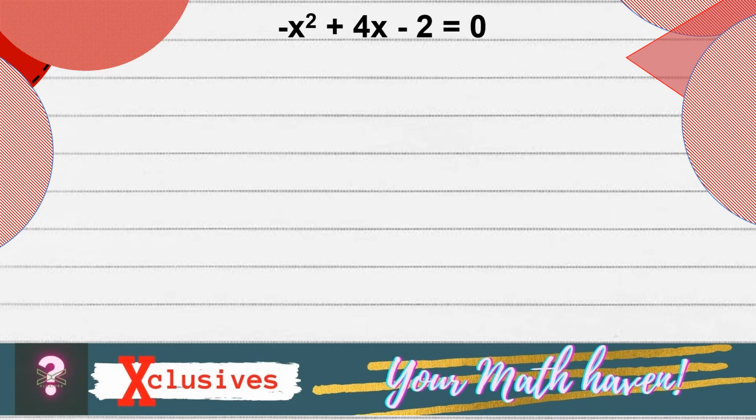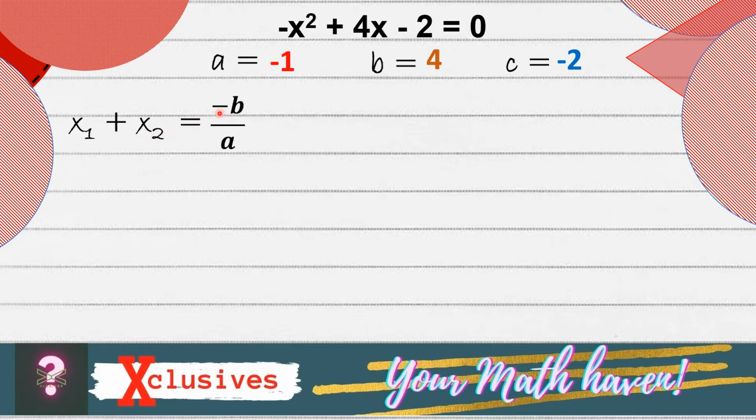Let us have our second example. We are given negative x squared plus 4x minus 2 is equal to 0. We are going to determine the sum and product of the roots. Let us identify first the values of a, b, and c. As you can see, our a is negative 1, our b is 4, and our c is negative 2. So we can use now our formula x sub 1 plus x sub 2 is equal to negative b over a.